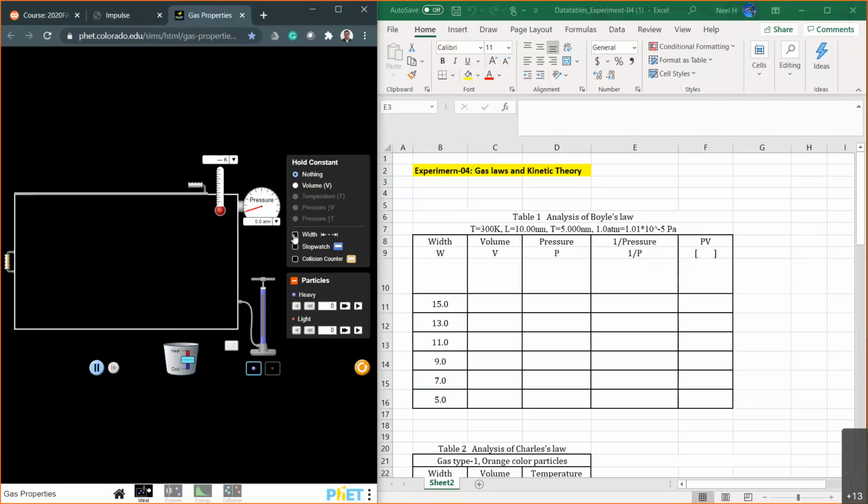Now you can measure that width. If you click on this right-hand side middle, it says the width. If you click that, you can see a dotted line appear here, and it says 15 nanometers, okay? 15.0 nanometers. If you go into table number 1, that's exactly what we have there too, okay? So what we're going to do is change only the width of the container. We are assuming the other 2 sides stay constant, okay?